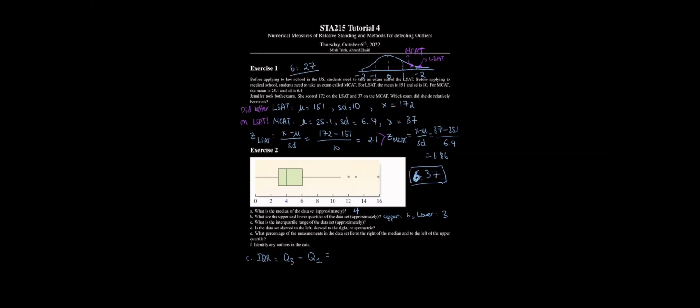And Q3 is just the upper end here, so it is 6. And Q1 is actually the lower quartile, which is this one, so it is 3. So 6 minus 3 is 3. That is the IQR. Does it make sense?